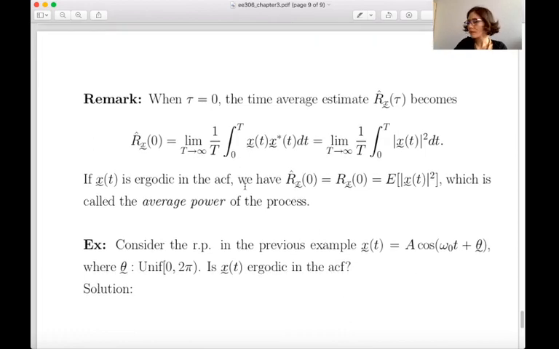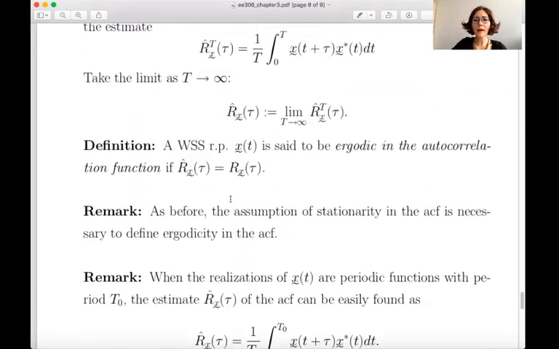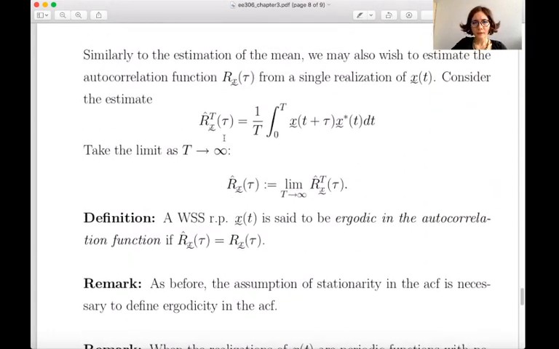Now another remark. Something interesting happens when the time difference parameter tau is taken as 0. So let's look at what we have. The time average estimate was in this expression. We are looking at this expression when tau is equal to 0.